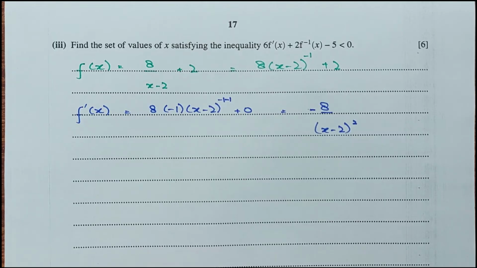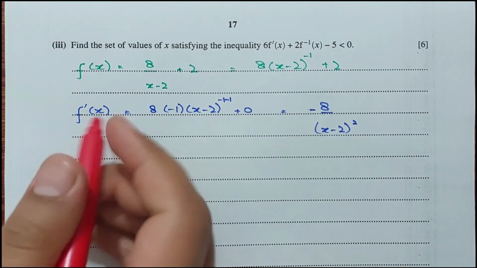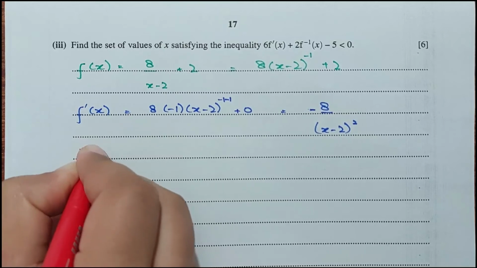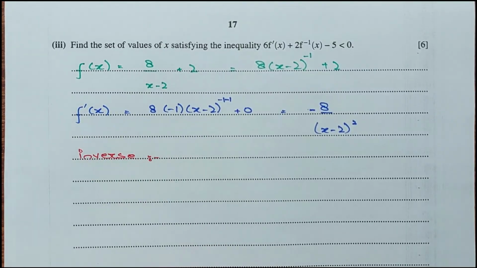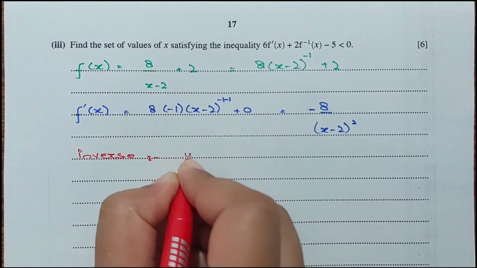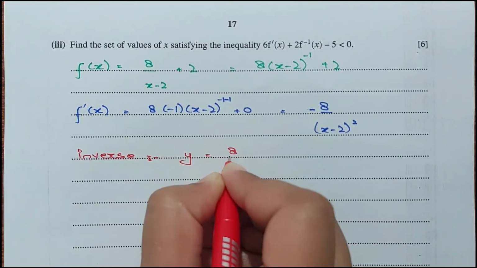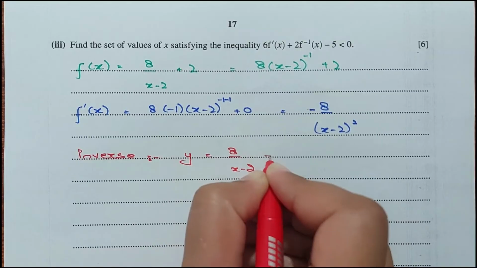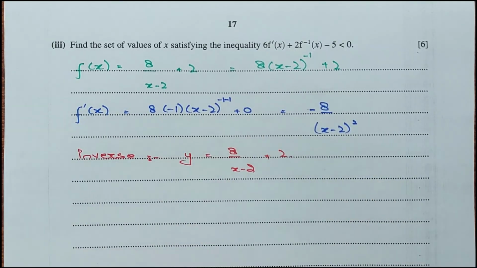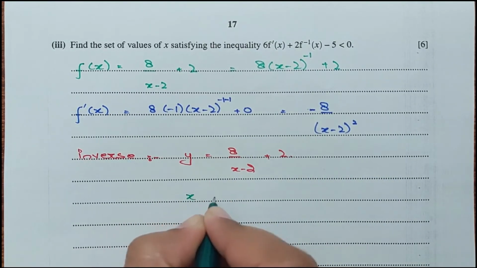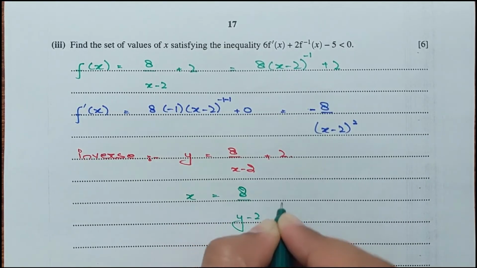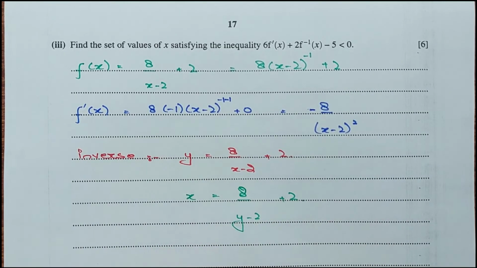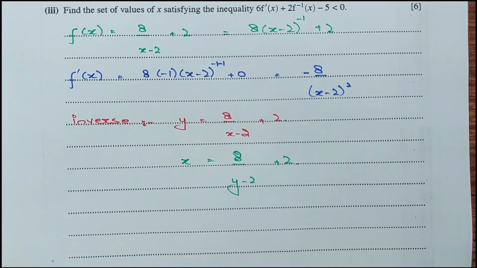Now let me solve for f inverse of x. For the inverse, the first thing is we have to put y equals f of x, and then switch the variables. We can say x equals 8 over y minus 2, plus 2. Now we have to solve for y.